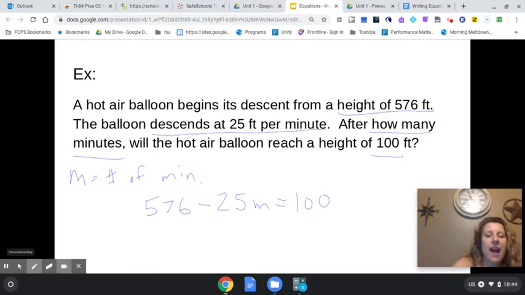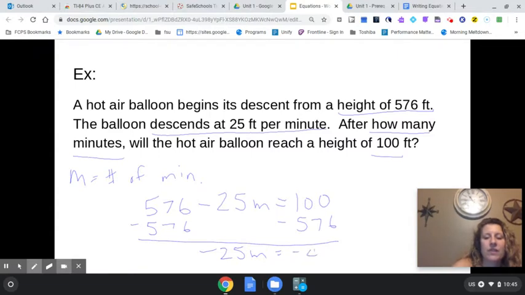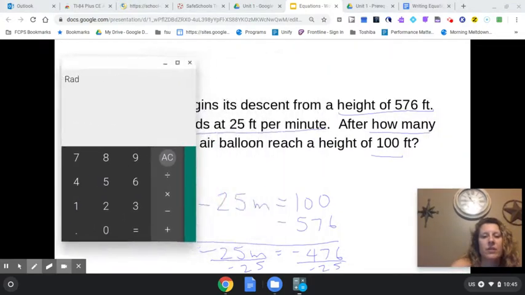We're going to subtract 576 from both sides. We get negative 25m is equal to negative 476. And we're going to divide both sides by negative 25. All right, if we do that, I'm going to pull up my calculator real quick here.